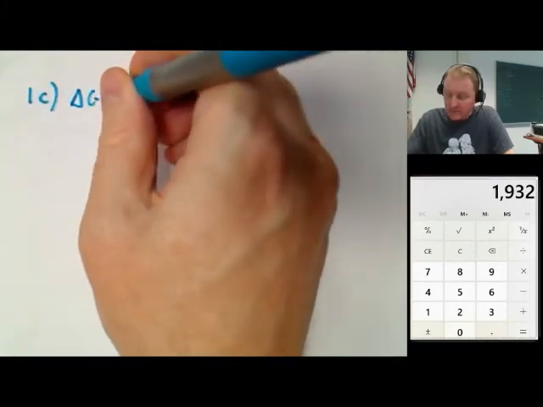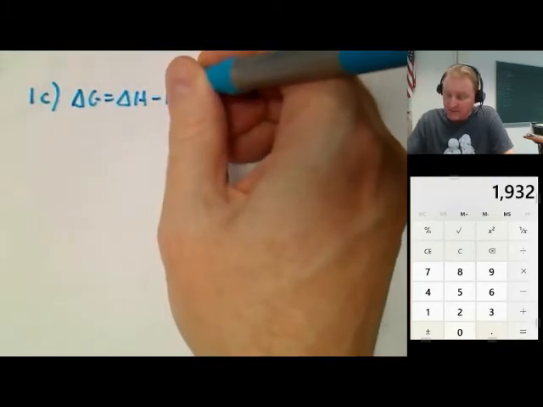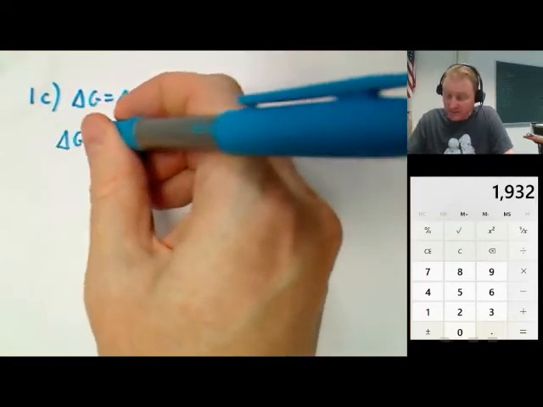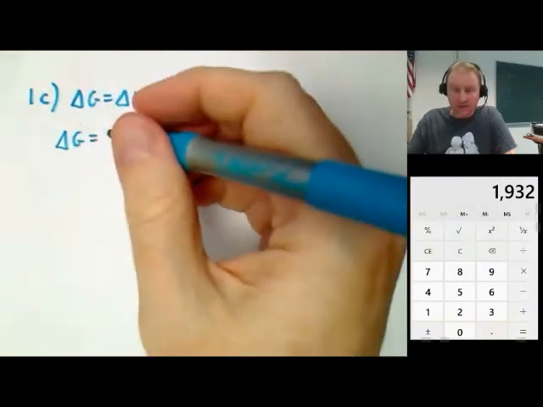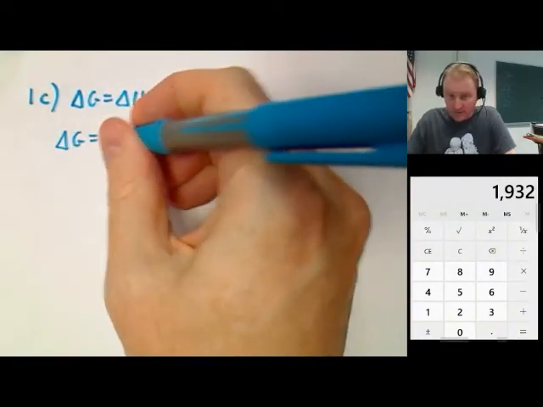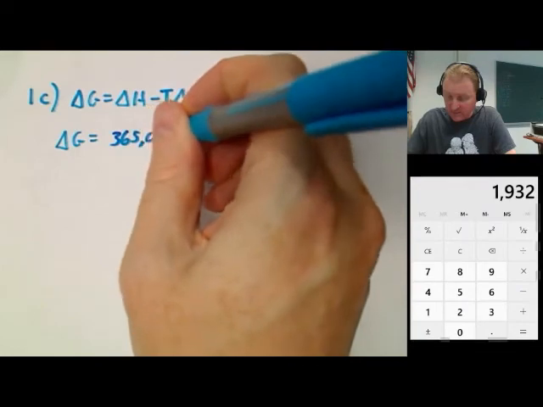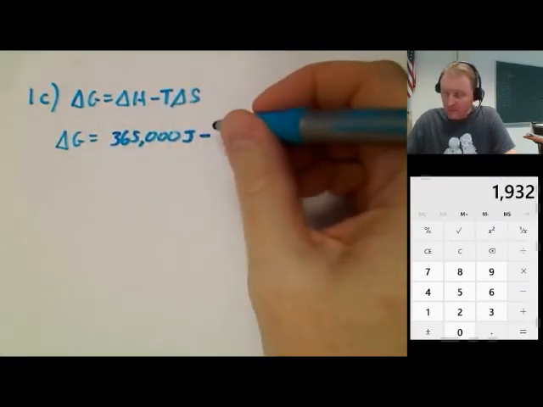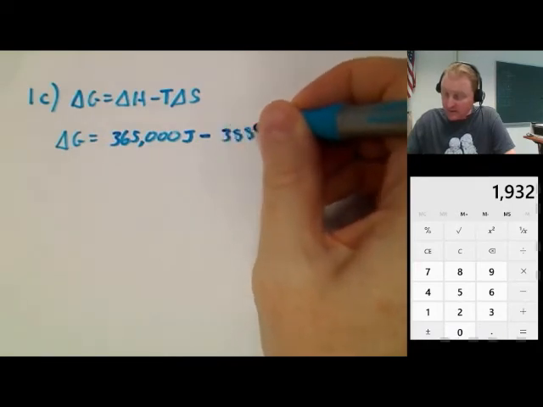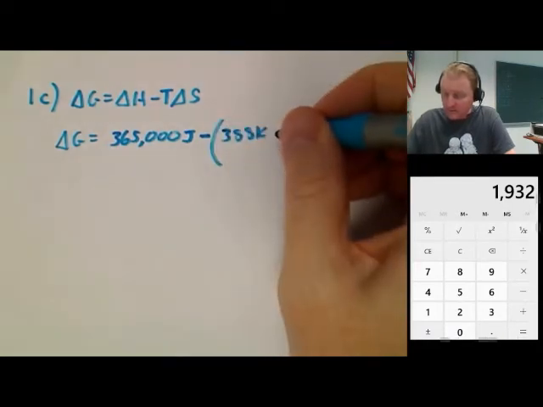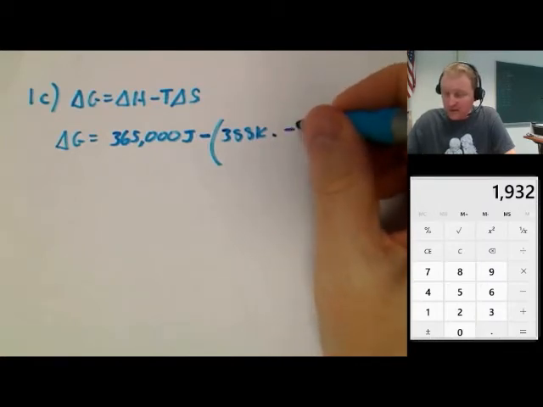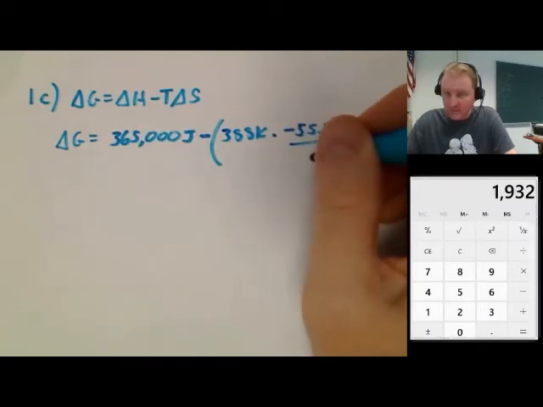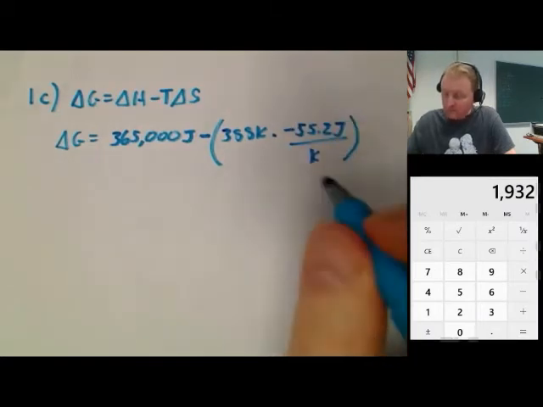Free energy equals enthalpy minus temperature times change in entropy. Our free energy equals, in this situation, our enthalpy would be 365,000 joules minus 388 Kelvin times negative 55.2 joules per Kelvin.